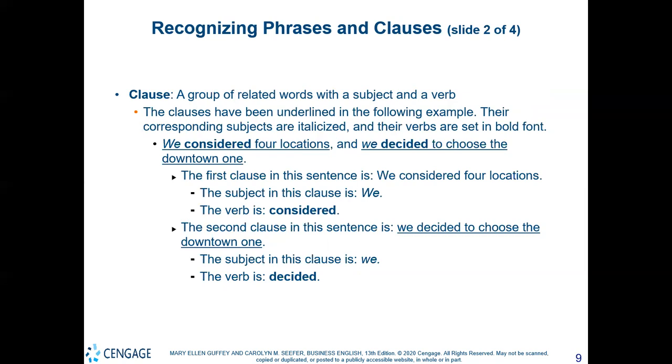The first clause in the sentence is, we considered 4 locations. The subject in this clause is we. The verb is considered. The second clause in the sentence is, we decided to choose the downtown one. The subject in this clause is we. The verb is decided.